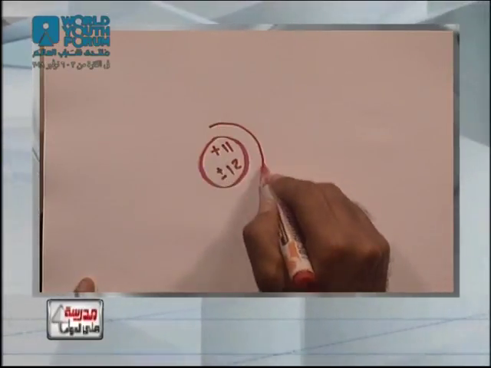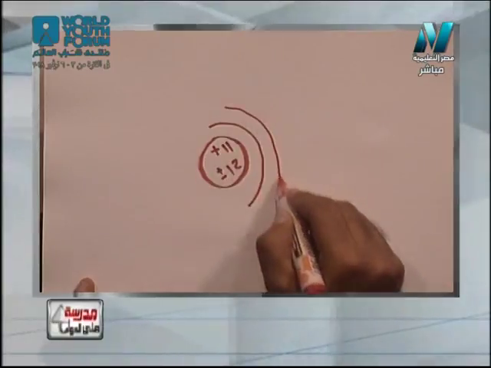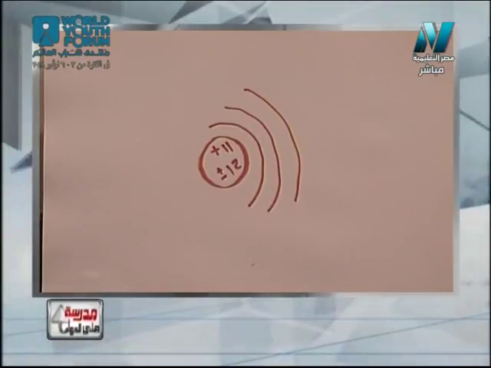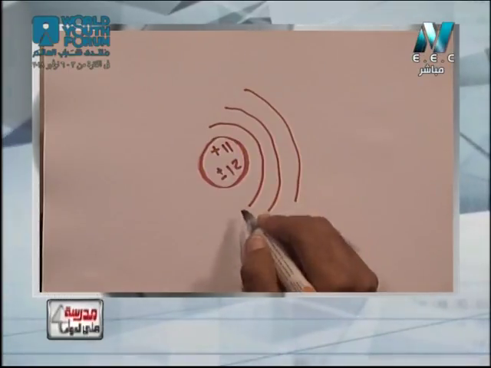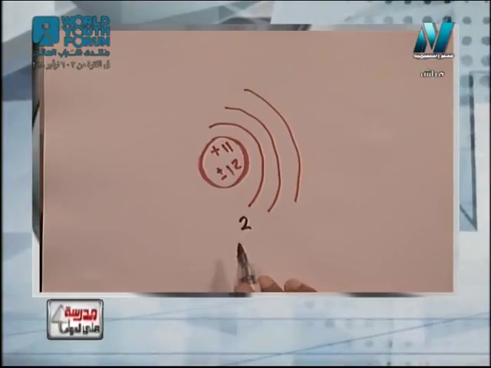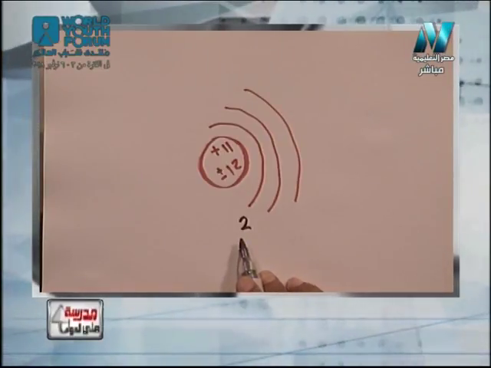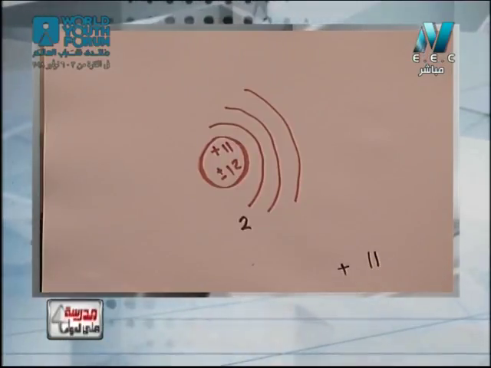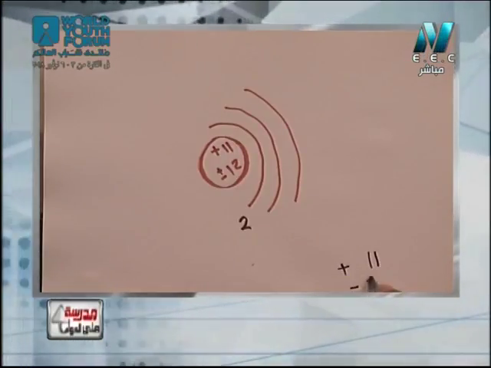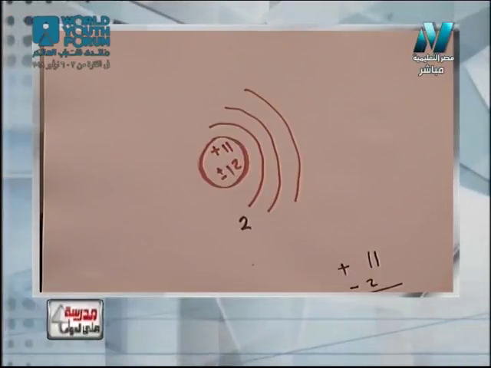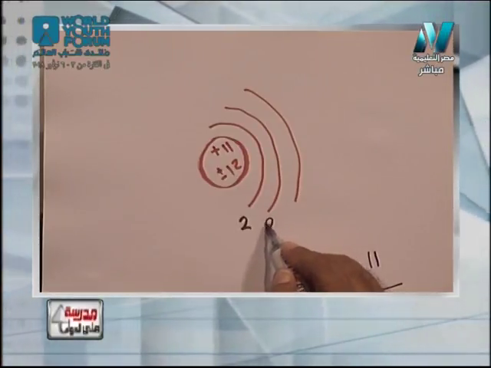Then the first energy level, the second, the third. The first one, K, is saturated by 2 electrons, so I write 2. It can carry 2 and is saturated by 2, and I have 11 protons. Now 11 minus 2, the remainder is 9.